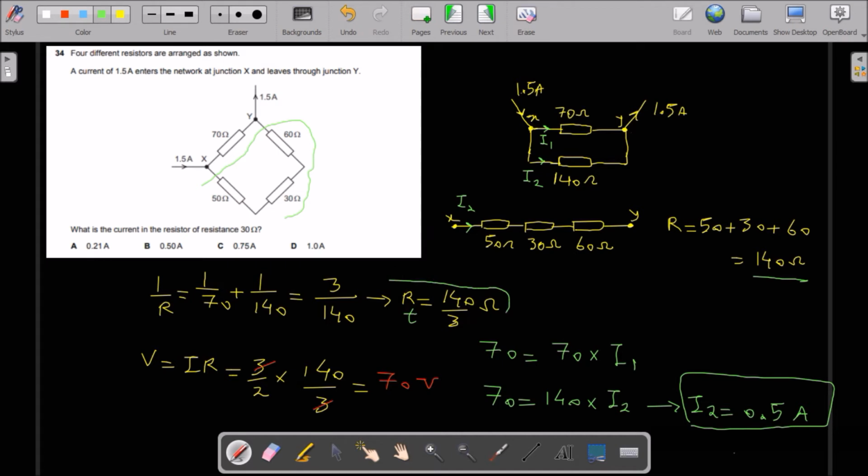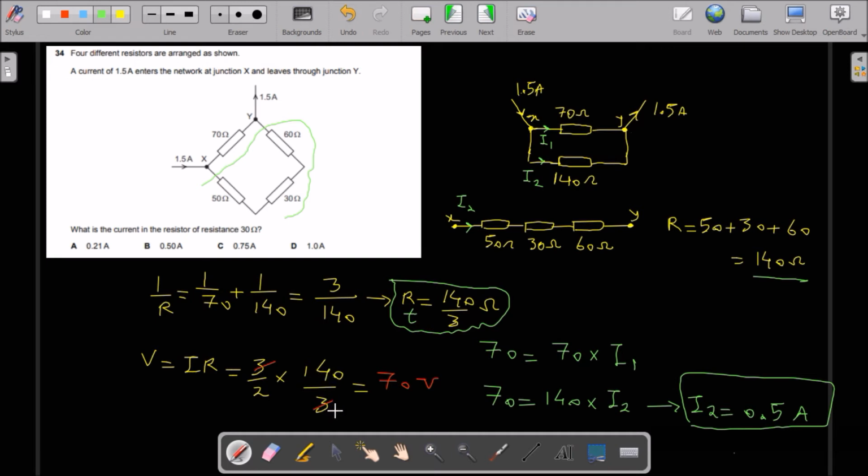This is the total effective resistance of this circuit. Then I use V equal to IR. I is 1.5, which is 3 over 2, times the total resistance, which is 140 divided by 3.